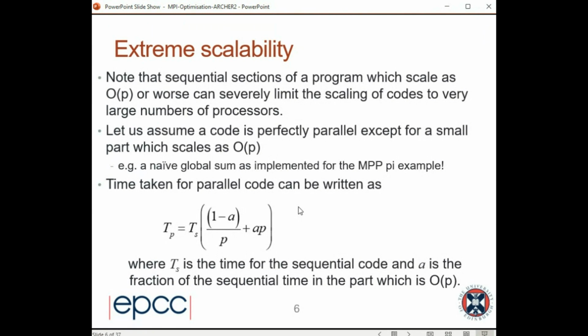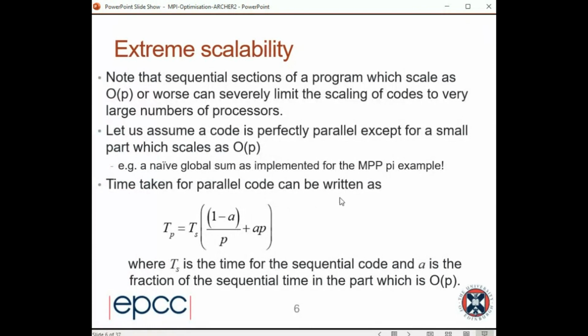So let's assume a code is perfectly parallel except for a small part which scales as order p. That means the small serial part, this is relating to an example you haven't done yet, actually, from another course. We've got a piece of code which takes order the number of processes to implement. That could be sending a message to every process linearly or something like that.